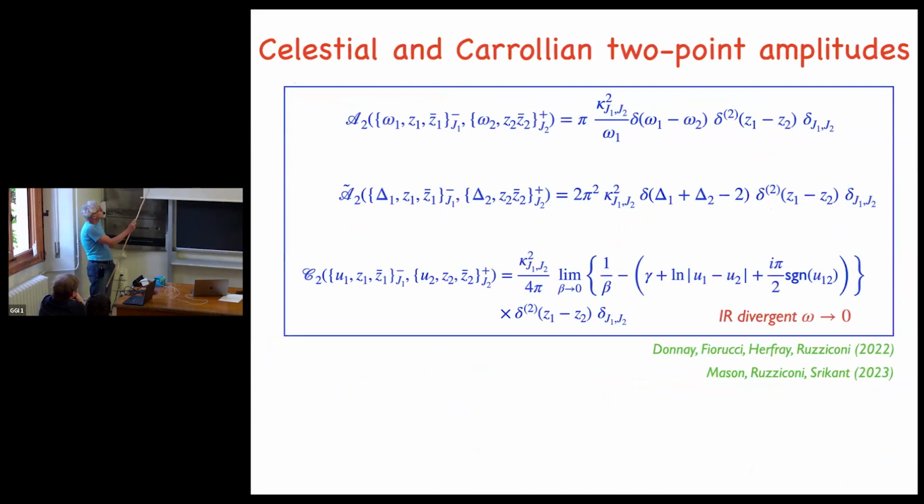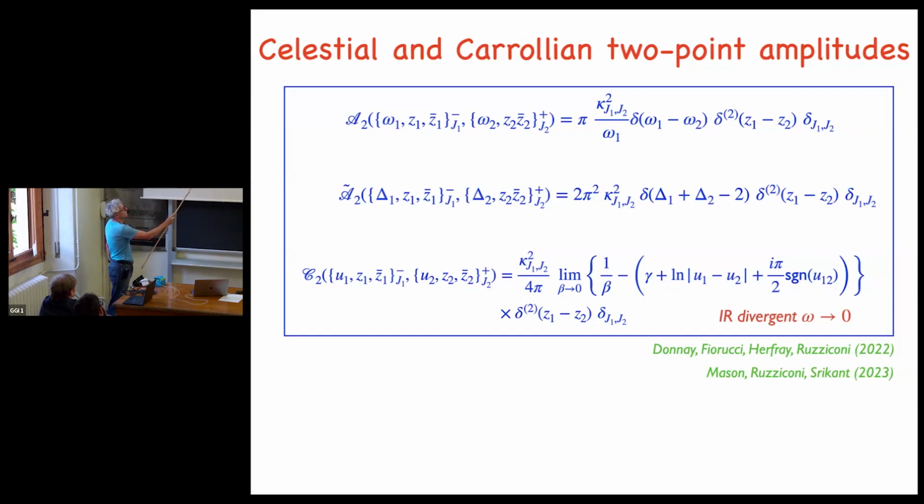And now also some very simple examples of these amplitudes. So let's start with a 2-point amplitude. This is a 2-point amplitude in 4-dimensional Minkowski space, but we simply write it in terms of celestial coordinates. So we have this dictionary, and then of course we have a 4-dimensional delta function, which is p1 plus p2 equal to 0, and then we insert these coordinates and have some Jacobian, and that is why we have this omega.